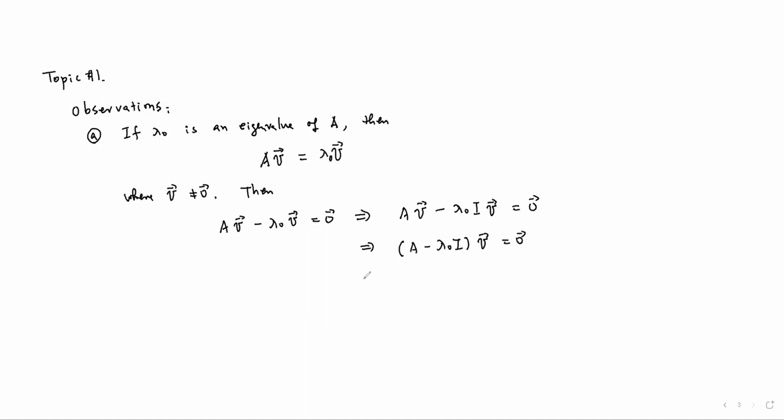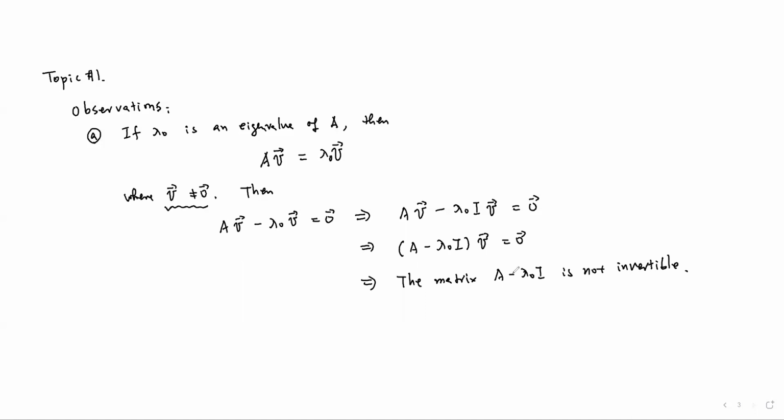Yeah. Right. Now, from this equation, we conclude that the matrix A minus lambda 0 times I is not invertible. Why? Because if this is invertible, I can move it to the right side. Then I get V is a 0 vector, a contradiction to this assumption.